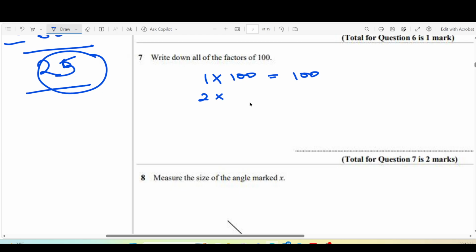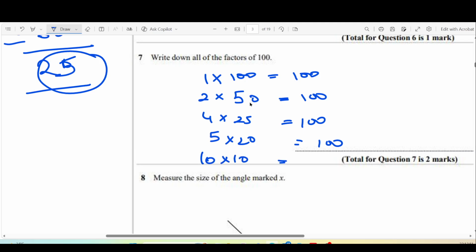In the 2 times table, if we multiply 2 with 50 we get 100. 3 we cannot because 3 is not a factor. 4 times 25 is 100, right? And then 5 times 20 is 100. After this, if you check 6, 7, 8, you will not get 100 there, only in 10. 10 times 10 is 100. So the factors are all these numbers which you can see: 1, 2, 4, 5, 10, 100, 50, 25, 20. All of these are the factors of 100.